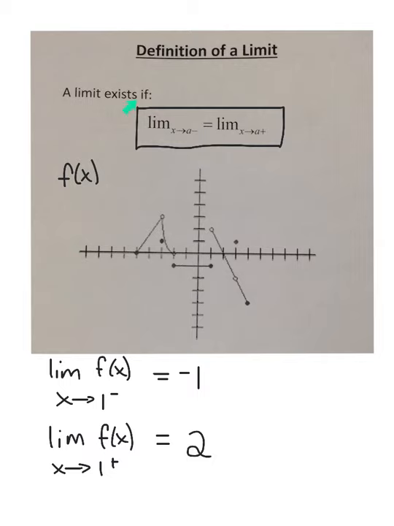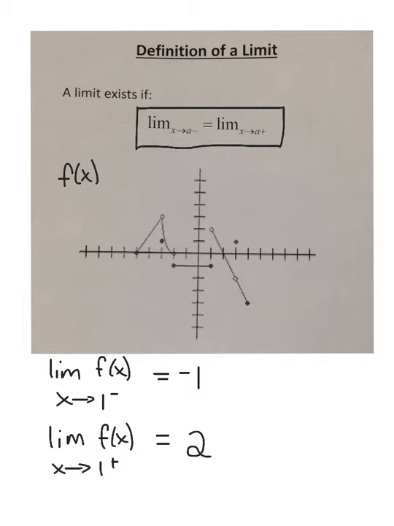Okay? Now, let's go back to this definition. The limit exists if the limit coming from the left-hand side is equal to the limit coming from the right-hand side. Well, look here. This is the limit coming from the left-hand side, and this is the limit coming from the right-hand side. Do you see that these guys do not equal each other?